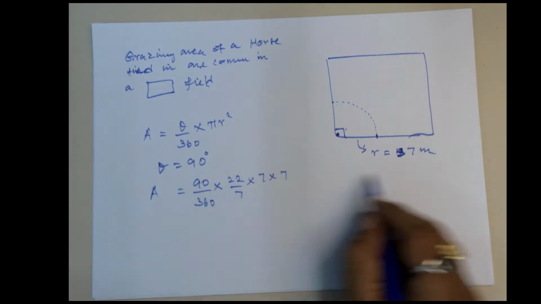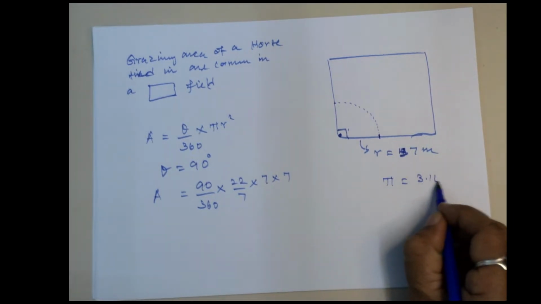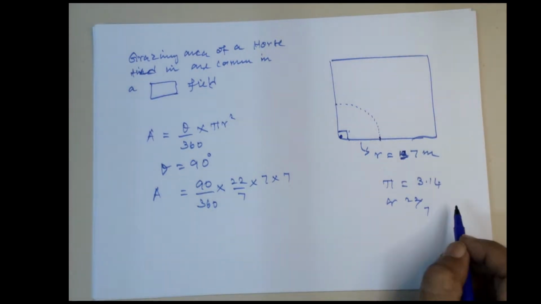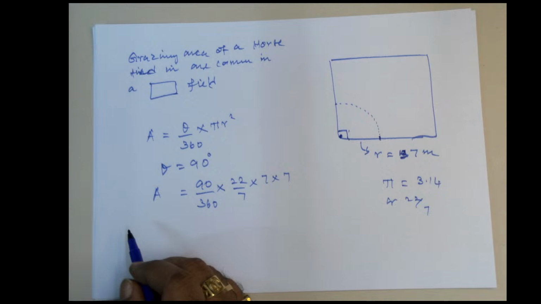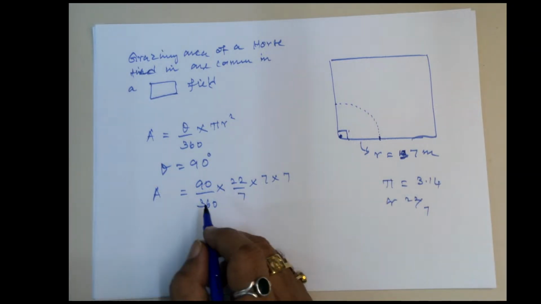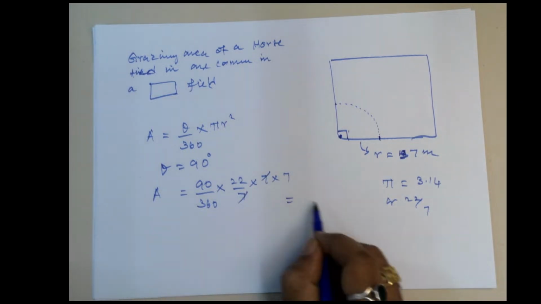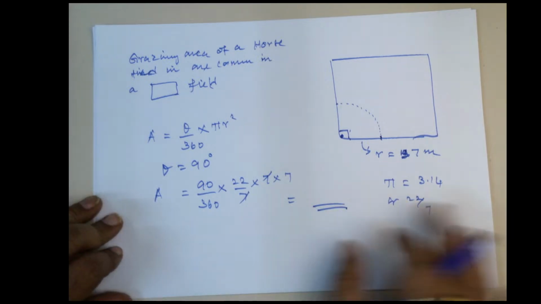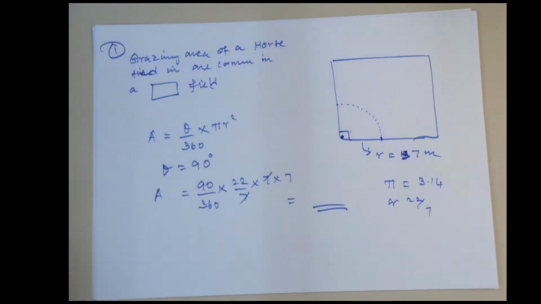We know the value of pi is either 3.14 or 22 by 7. But if it is given as 22 by 7 in your sum, you have to use that so that you can easily strike out. Otherwise, you can make use of the decimal value also. So you can cancel this 7, 7 and proceed with the sum. Can you get me the answer? You can work out and tell me the answer for this first question. Right. Next.